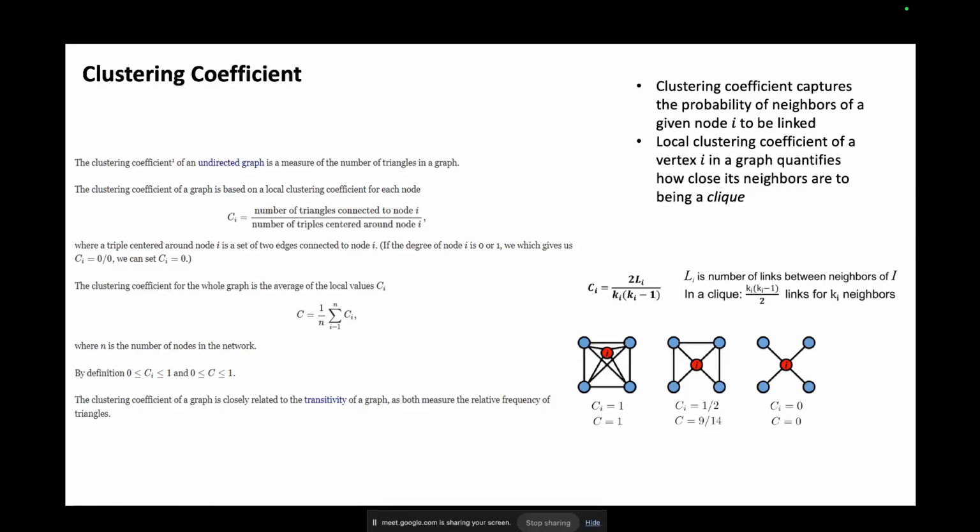The number of triangles means that's the smallest connected component of a graph, right? What the clustering coefficient is giving you is basically the total number of connected components in a graph by the total number of possible connections. That is what the clustering coefficient is giving you.